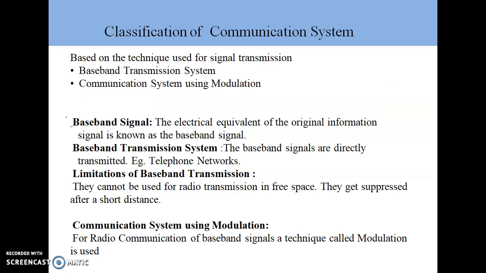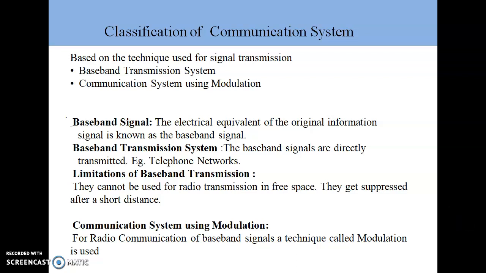Now, let us classify the communication systems based on the technique which is used for signal transmission, baseband transmission system or communication system which use modulation. Let us now first understand what is a baseband signal. So, the electrical equivalent of your original information signal is known as the baseband signal.